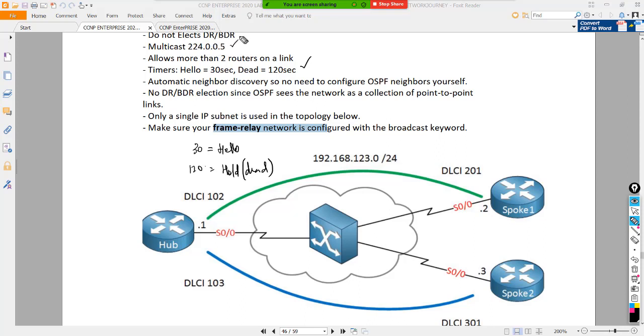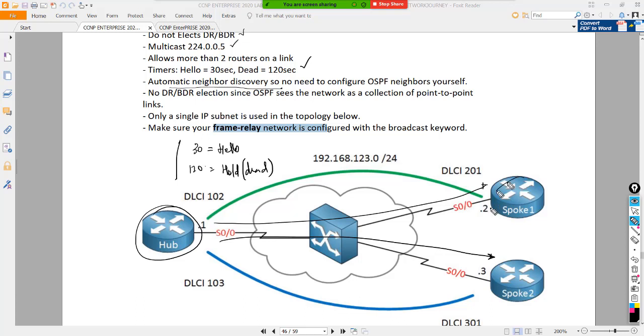They are not going to have any DR and BDR election because they are as good as point to point. They are point to point connections. So basically there will be no DR and BDR happening. The timers are changed, and the other thing with respect to point to multipoint is there is automatic neighbor discovery. So basically these routers are going to discover themselves in the case of OSPF.